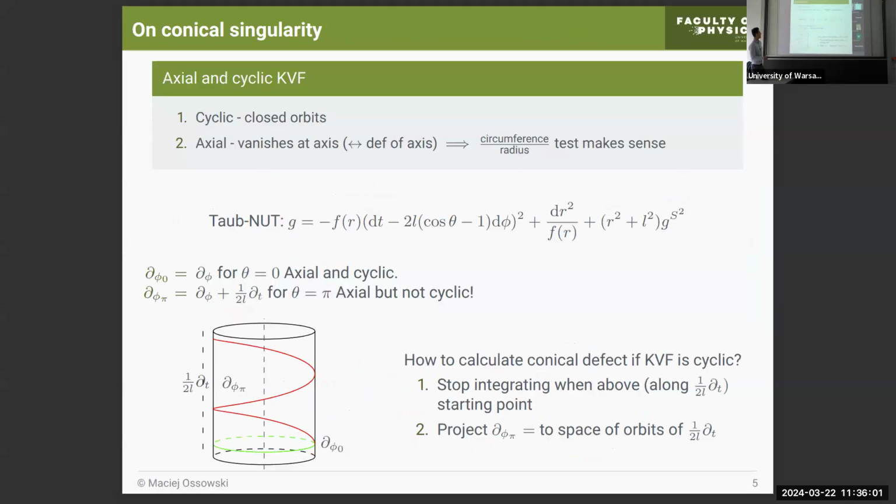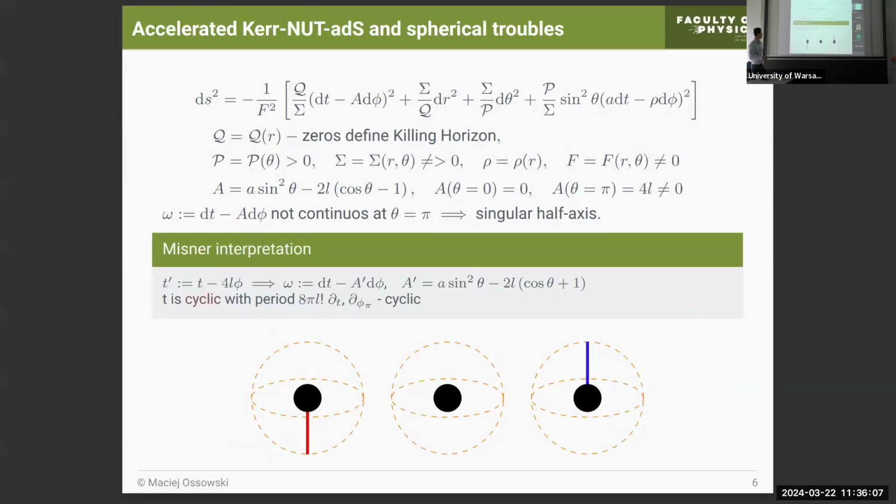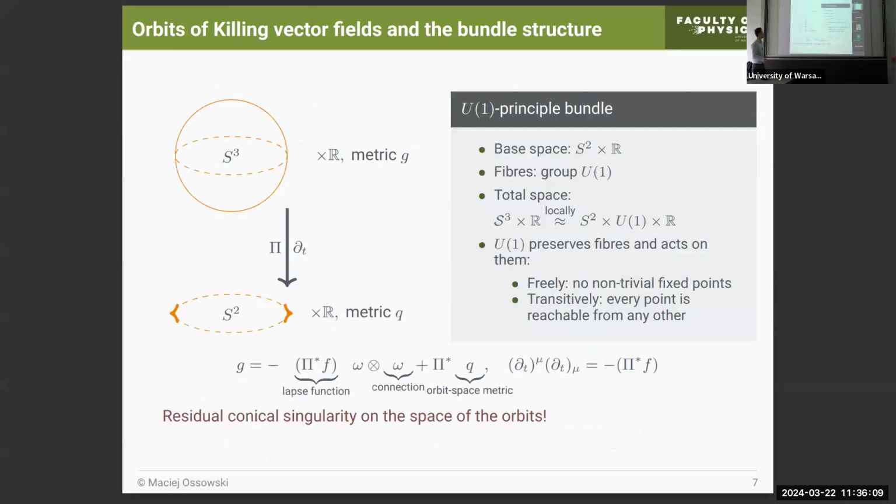So we have actually essentially made this projection downstairs from this picture here. However, it turns out that because now we are in the space of the orbits, we more or less know how to calculate the conical singularities. It turns out that this S2 has conical singularities. So this is far from a non-singular interpretation yet.